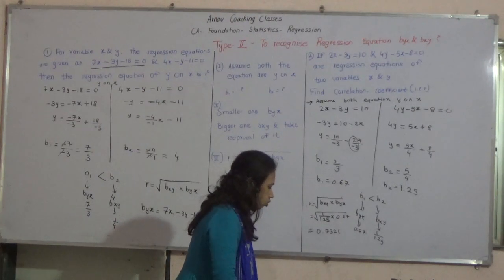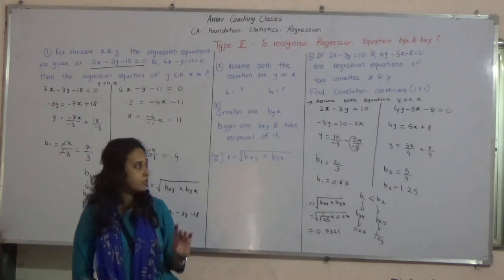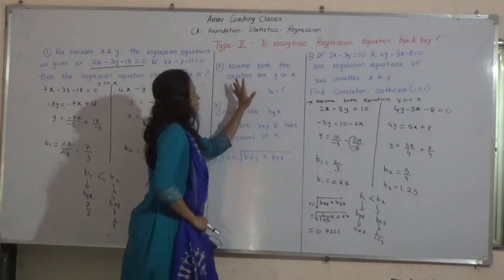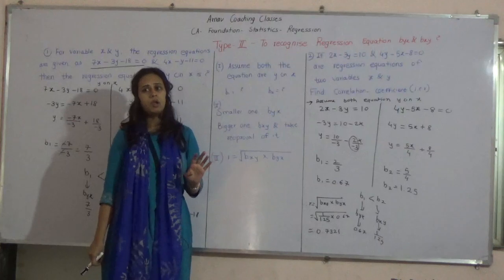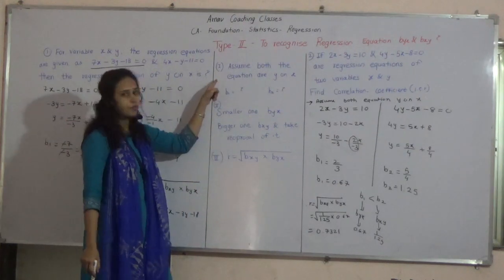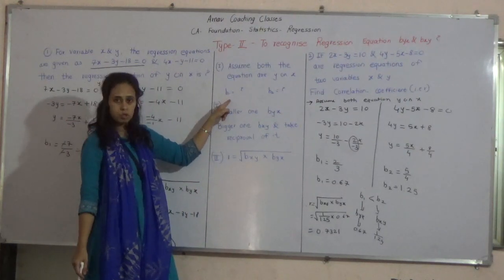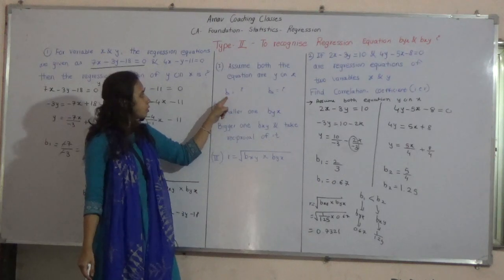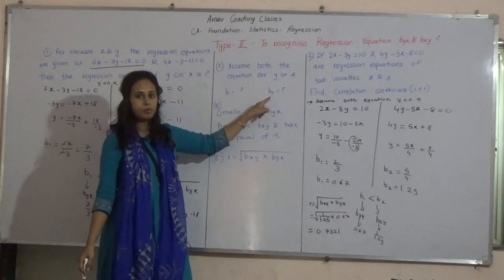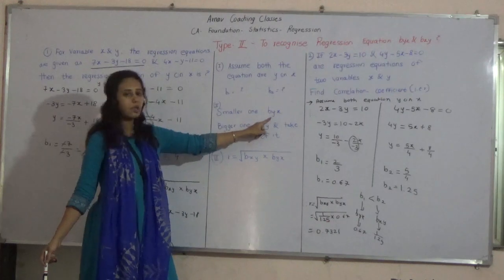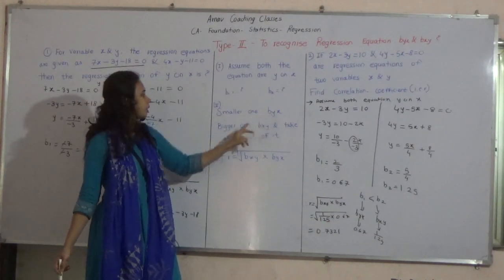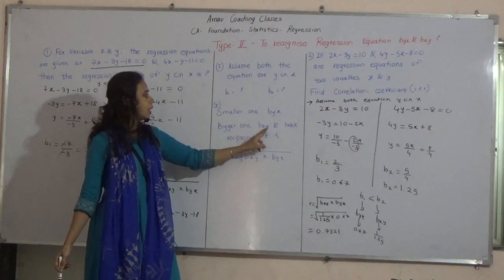Again I am telling you, this is a confirmed question, this is very important. There are a lot of methods available, but better we use this method. We have assumed both equations are y on x, then accordingly we have found b1 and b2. Then the smaller one is always b y on x, and the bigger one is b x on y.